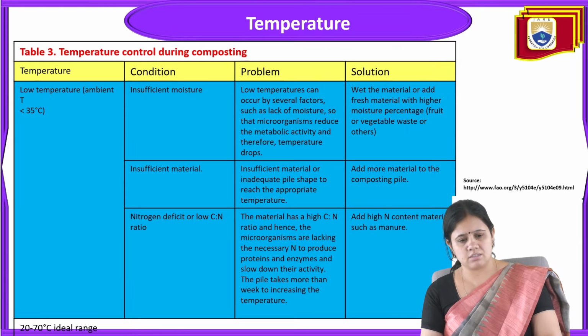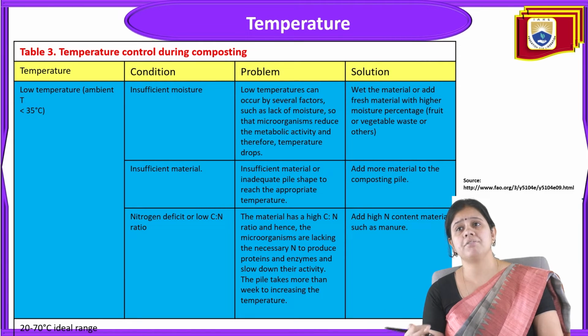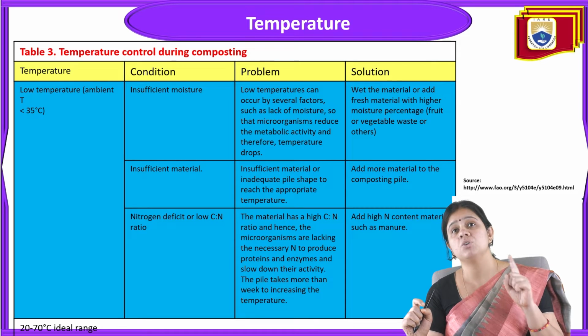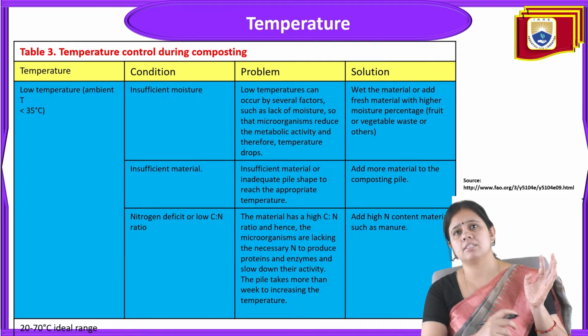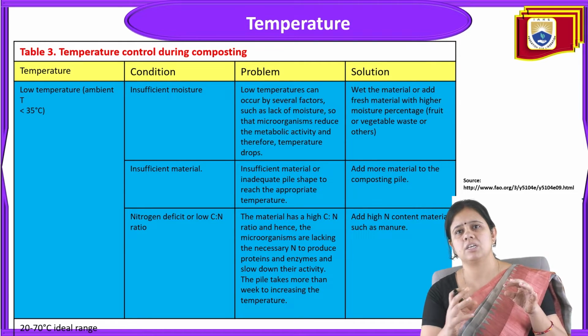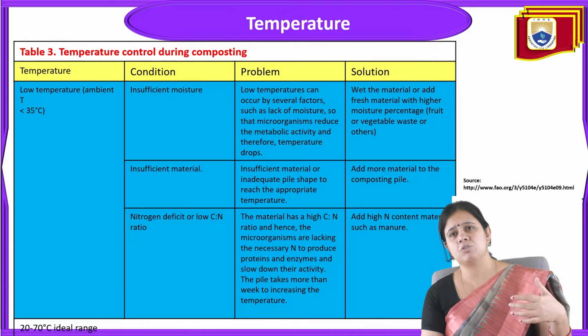Now comes the next important factor, that is temperature control during composting. Temperature is also a very important factor for the composting process. As we know, in the starting phase, due to high temperature, mesophilic bacteria, mesophilic microbes will start working, and then in the thermophilic phase, different microbes will start working.